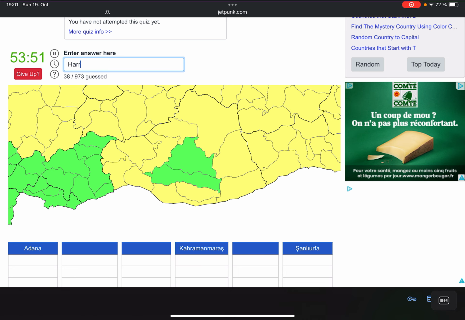And then we have Haran, Akçakale, Ceylanpınar, Viranşehir, Siverek, Hilvan, Karaköprü. We have Bozova, Halfeti, Birecik, and this one should be Suruç.